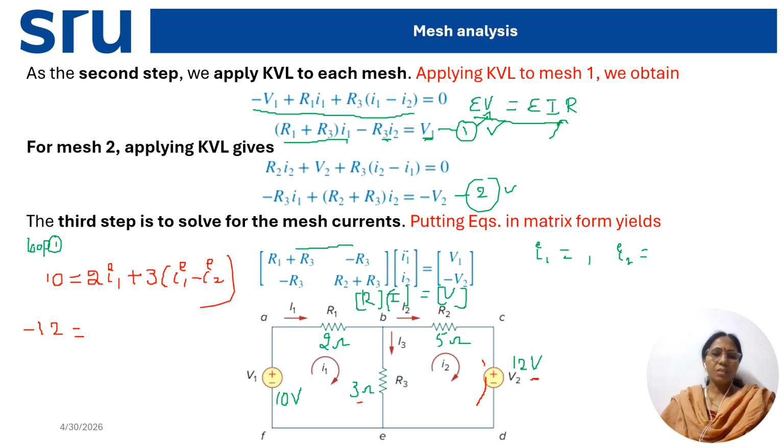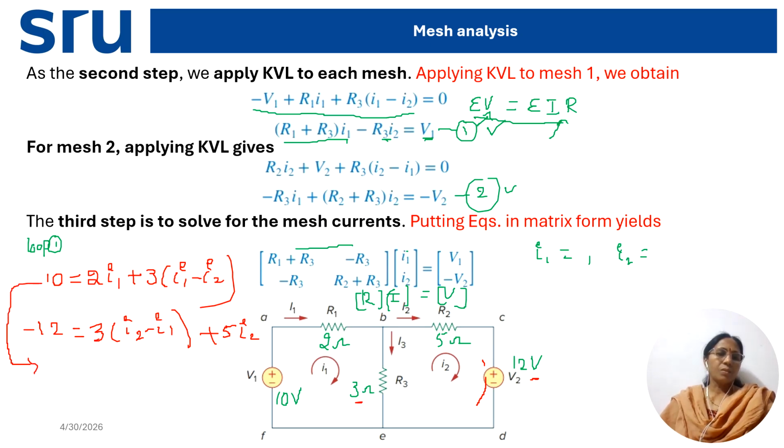Here 3 into, now the current is I2 minus I1, and plus the next element is 5 into I2. That's it.